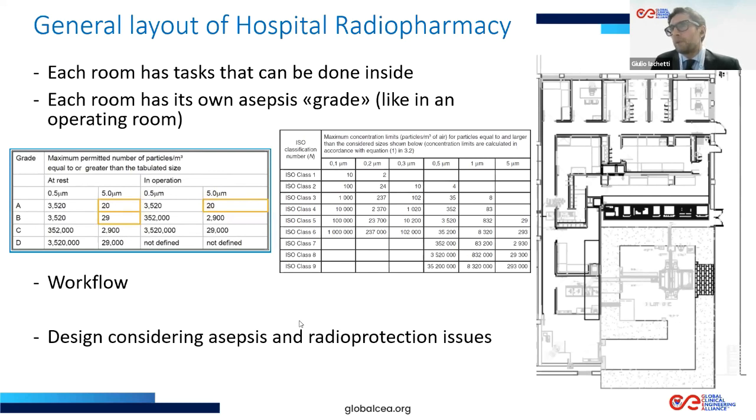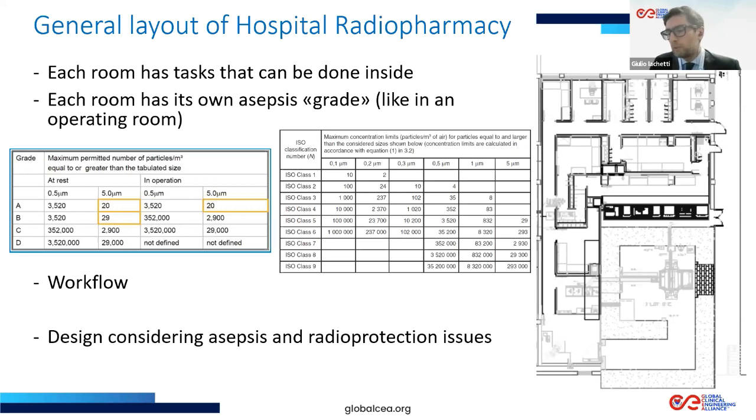And it's very important to understand that in this kind of layout, each room is dedicated to a very specific task. The actions on the pharmaceutical can be done inside controlled areas, rooms, and in some cases devices.